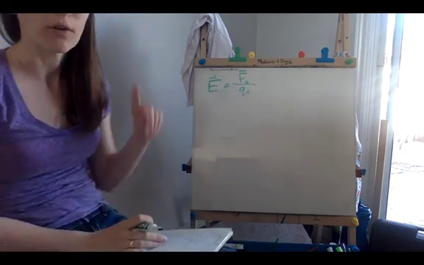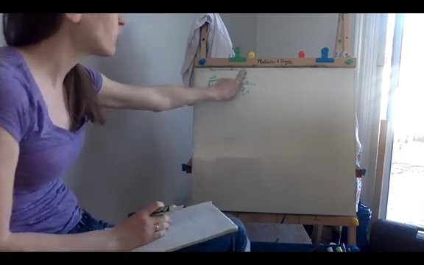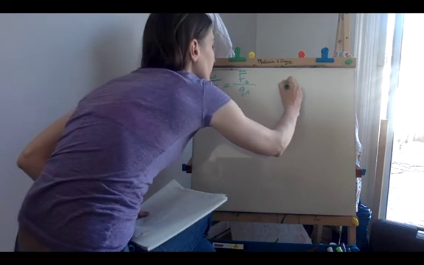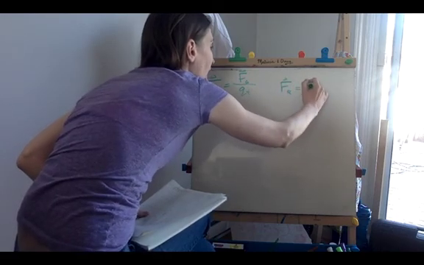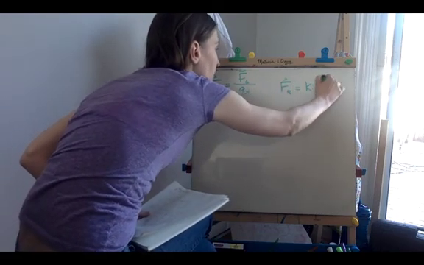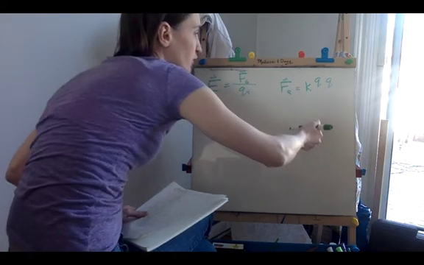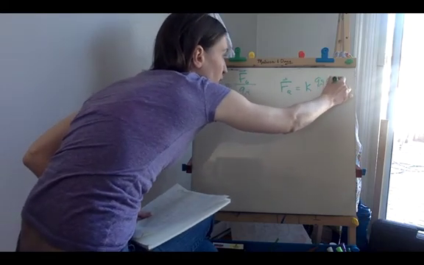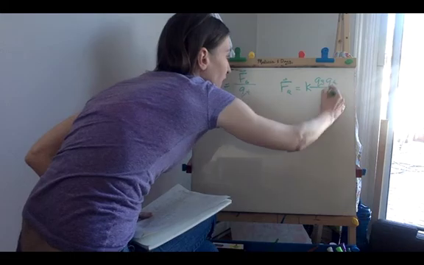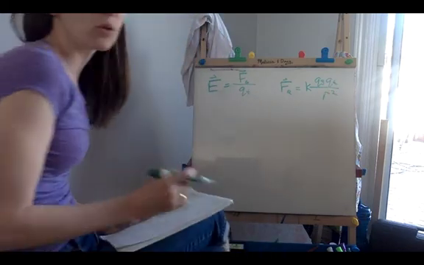Now you might recall from the last lesson that we also had an equation for electric force as the constant multiplied by the product of the two charges, the source charge and the test charge, divided by the distance between them squared.